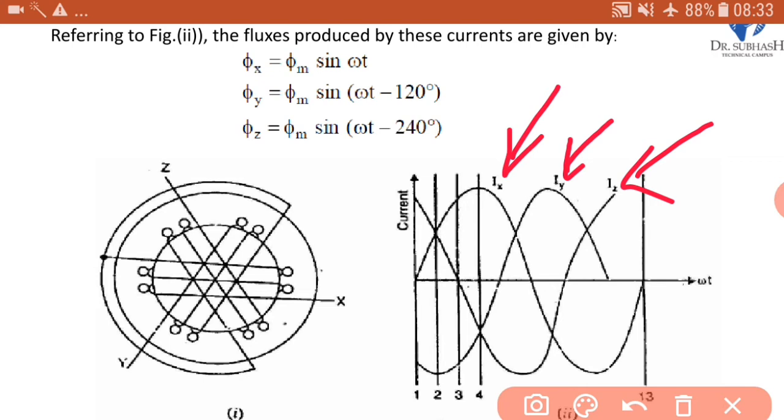These three currents are phase displaced by 120 degrees, and here we can see some numbers 1, 2, 3, 4. These are the instants where we will analyze and discuss the rotating magnetic field. So instant 1, instant 2, instant 3 and instant 4 will be discussed in the next slide.